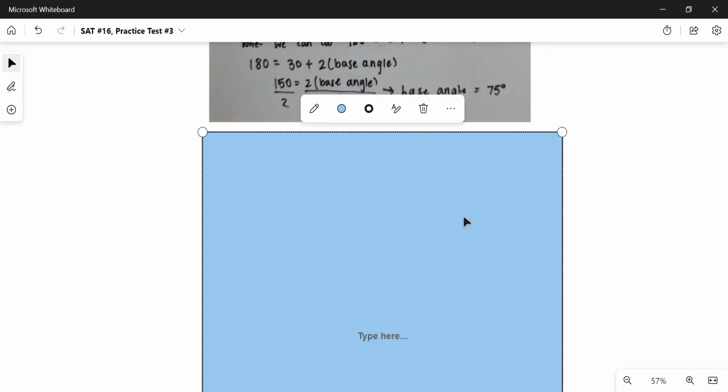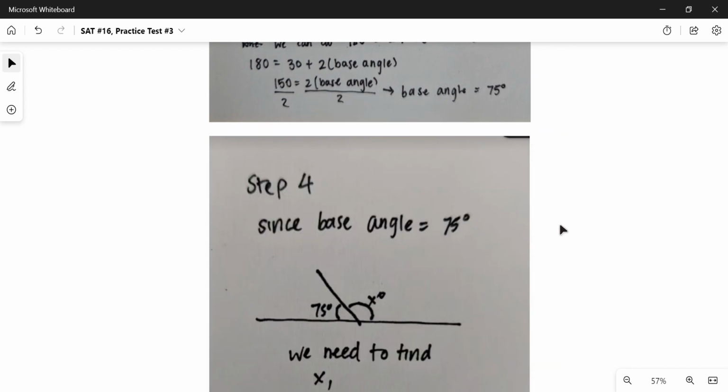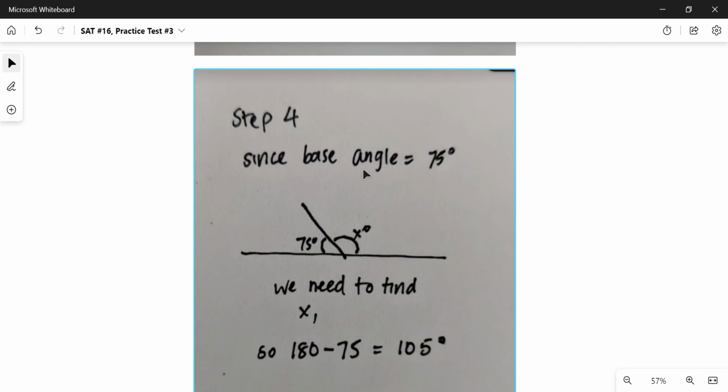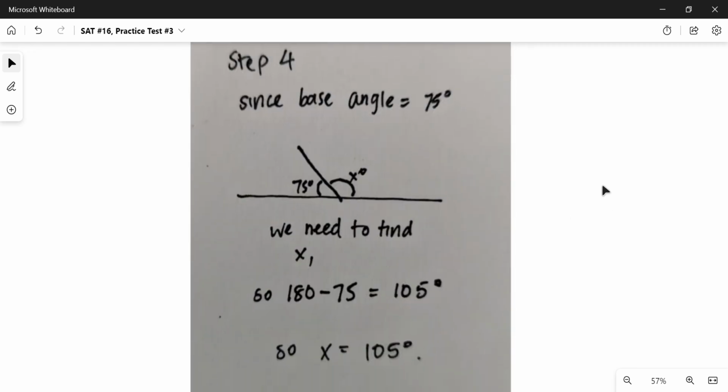Moving on to step number 4. Since the base angle equals 75 degrees, we have a figure that looks like this. If you extend this line and bring it back down, that's our isosceles triangle, but we don't need that information. We just needed this angle. Why? Because we know this is a straight line, so the full angle measure should be 180 degrees, which is another geometry given.